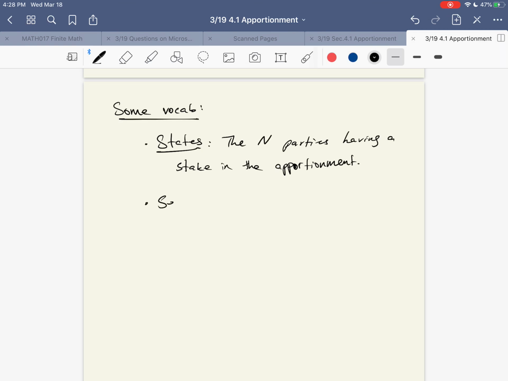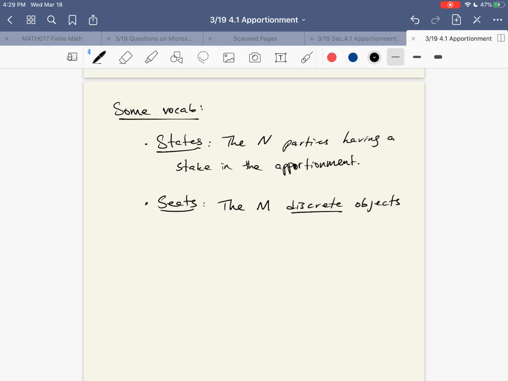We will also have the seats. These are going to be the M, capital M, discrete objects. And if you remember, we talked about this word discrete. It's very important in our finite math class. It pops up over and over again.